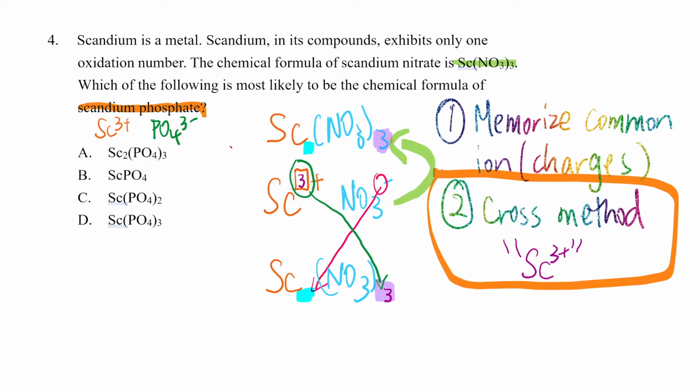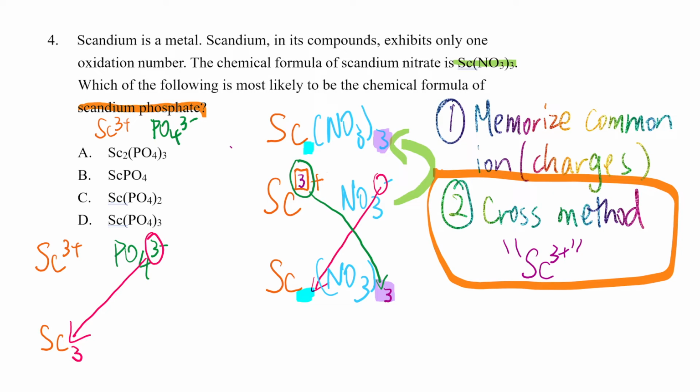So let's do the cross method for this. I have Sc 3 plus, this is the scandium 3 plus ion, and I have the phosphate ion, PO4 3 minus. Same thing, I'm going to grab the number from phosphate and bring it down here. And scandium is going to have a number of 3.